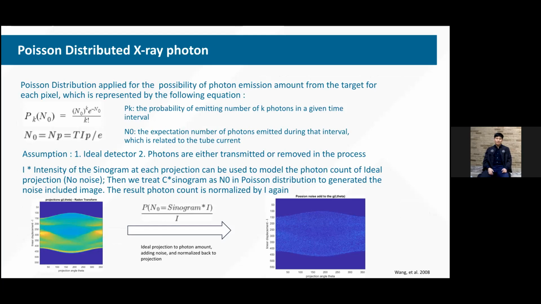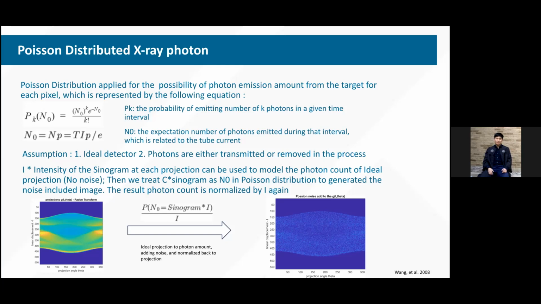By that, we can further have the Poisson random function out of this whole multiplication. And after that, because the result we get is similar to the total photon output, we normalize it again by tube current. And therefore we can have this noise processed image for the future.